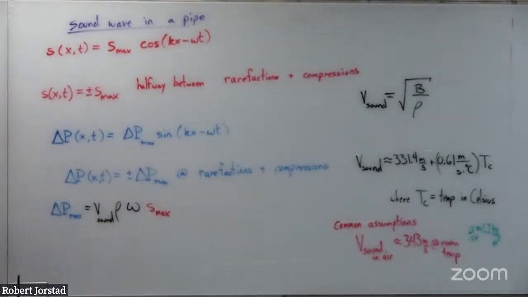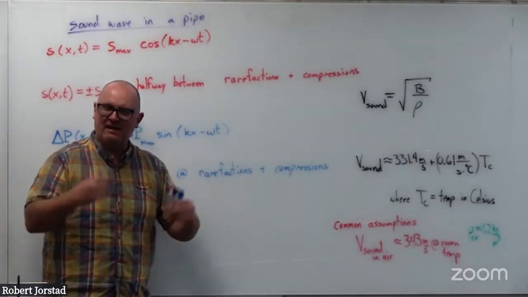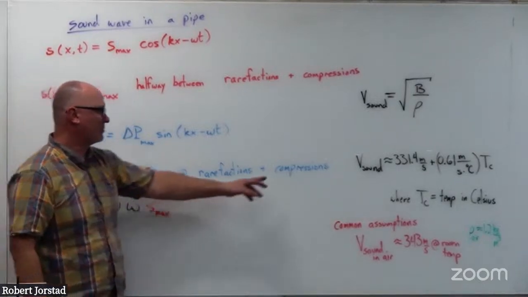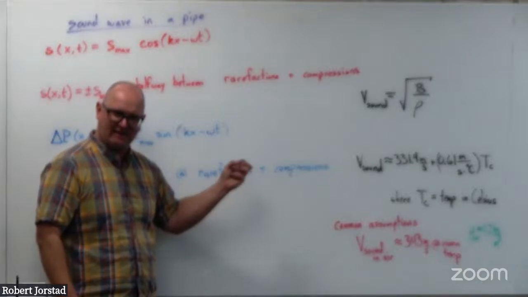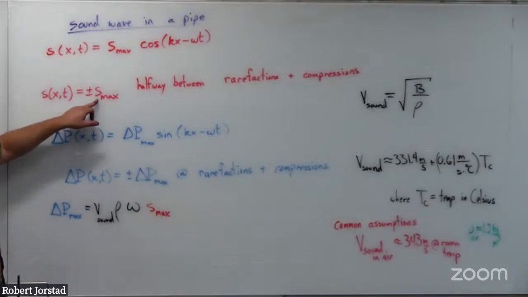It's probably easier to start with the overpressure: when the molecules are bunched together, it makes sense that there's a lot of pressure. So it seems reasonable that a compression, where all the molecules are stacked together, should be an overpressure maximum. And it turns out the displacement is exactly the opposite.